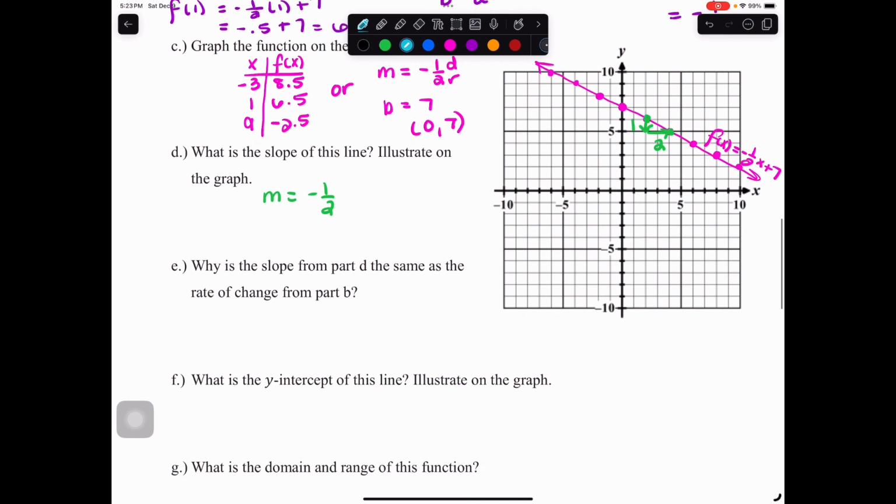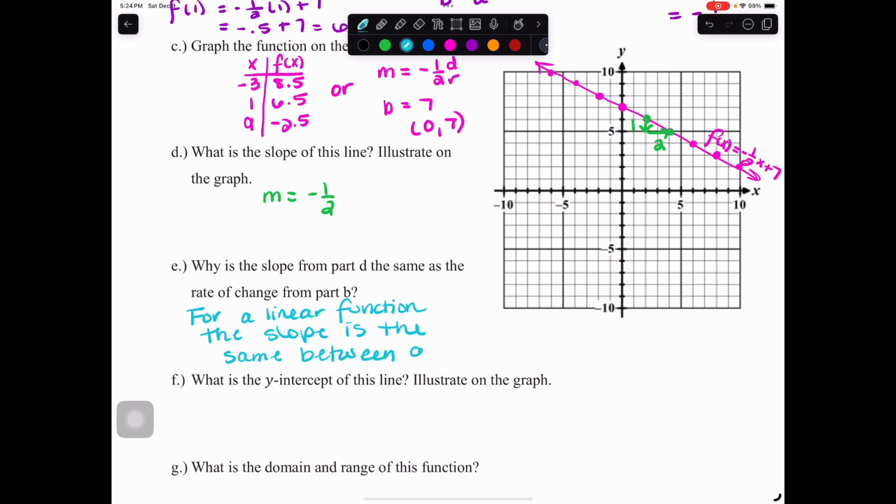That's because for a linear function, the slope is the same between any 2 points. And we talked about that in the chart on the front. You should have a constant rate of change for a linear function. So it doesn't matter where you pick to find the rate of change or slope, it should always be the same.